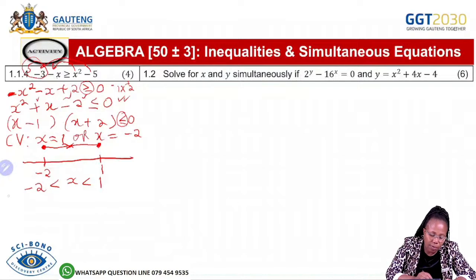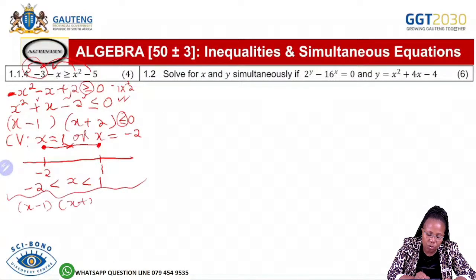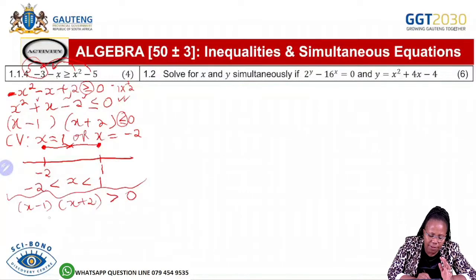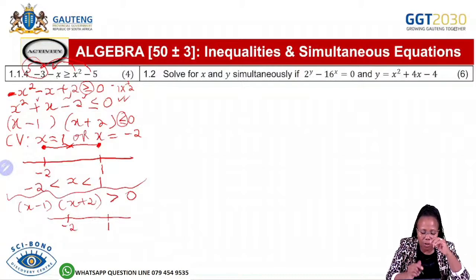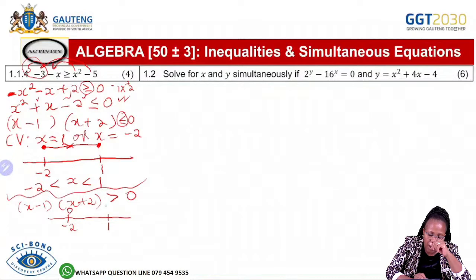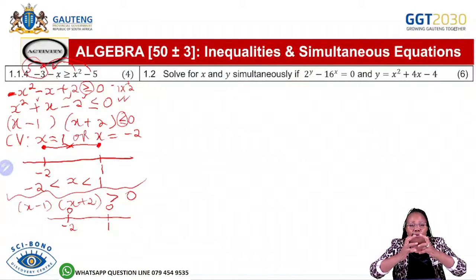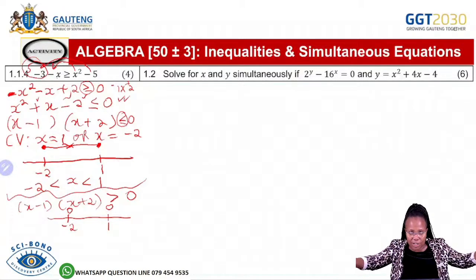Let's say now this was a greater than, maybe with the critical values from x minus 1 and x plus 2, and the inequality sign was now greater than 0. Just to check what is the difference. You'll still have the same critical values, minus 2 and 1. But because there is no equal sign, you'll have an open dot, since minus 2 and 1 are not part of your solution, but everything greater than that.